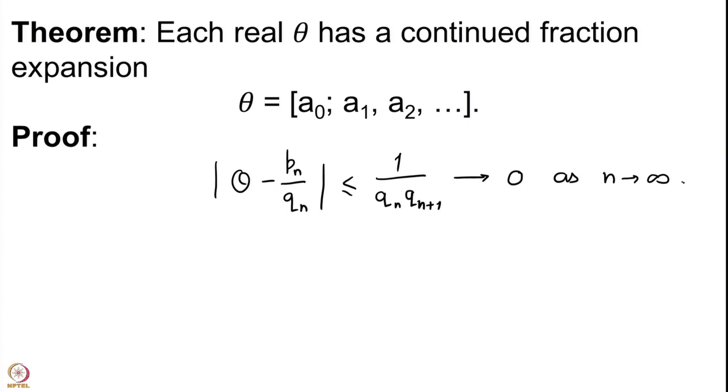So, given any number, there are only finitely many Qn's less than or equal to that number. The sequence Qn goes to infinity. So, this is some notion of analysis that I am going to be using here. This is a very basic notion which normally one learns right after one completes one's 12th standard.